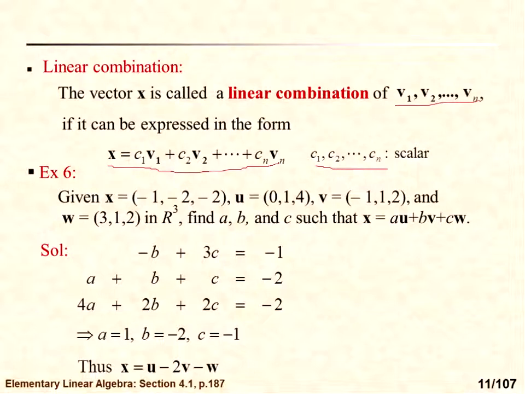After 5 to 6 slides, I will show you its use: linear combination is used to find linear dependence or linear independence. So we have to know what linear combination is.